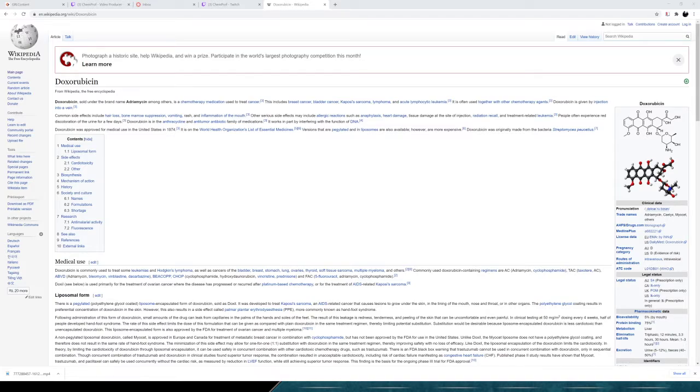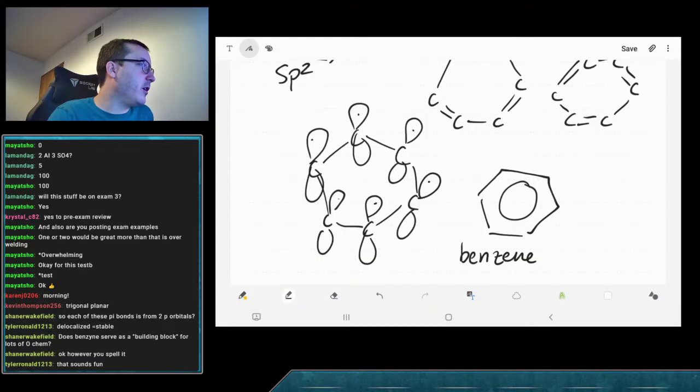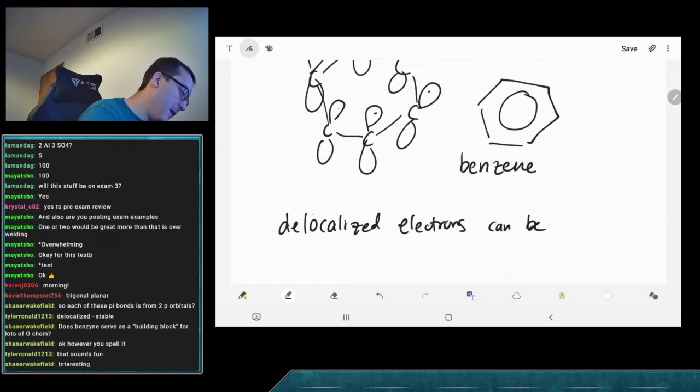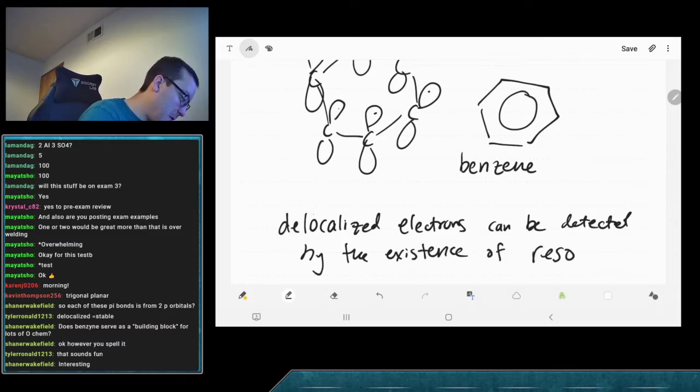So without beating this dead horse, suffice it to say that delocalized electrons can be detected by the existence of resonance.